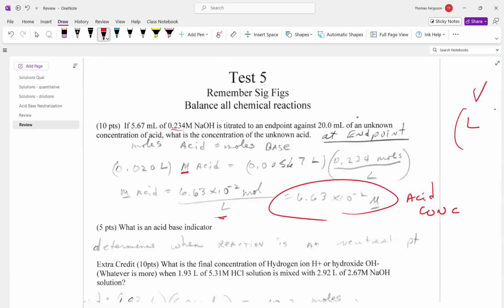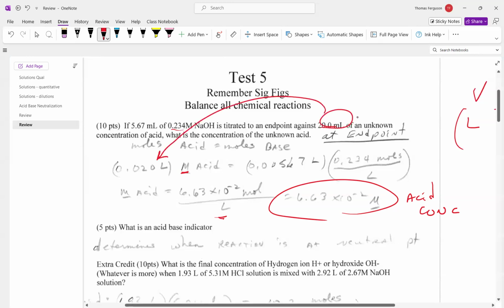It's 0.02 times acid concentration. You need to isolate the acid concentration by dividing both sides by 0.02. How did I get it? This comes from that there.